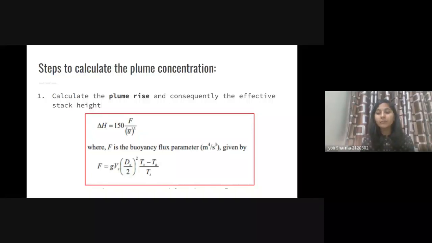So if you have parameters of the stack, for example the stack temperature, stack velocity and stack diameter, then you can easily calculate this buoyancy flux parameter. And if you have the buoyancy flux parameter, then obviously you can calculate this delta H, that is the plume rise. So the first thing we have calculated is the plume rise.